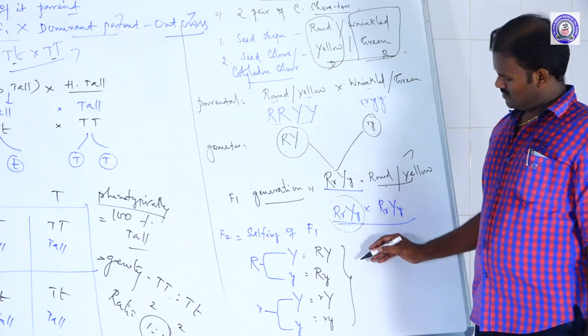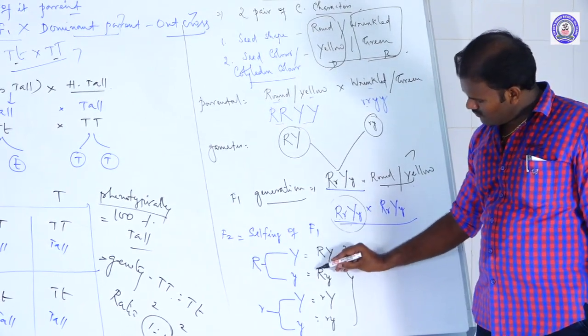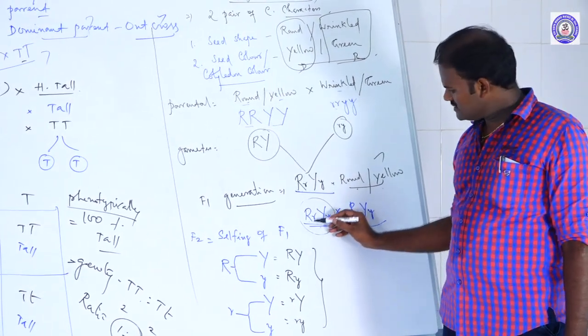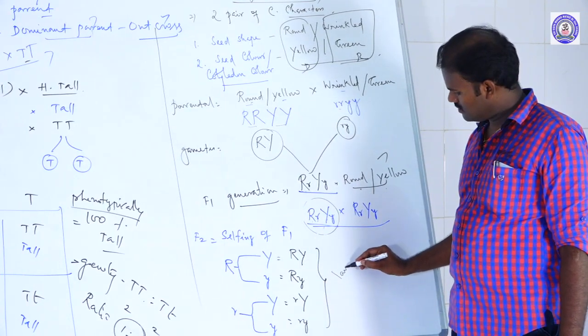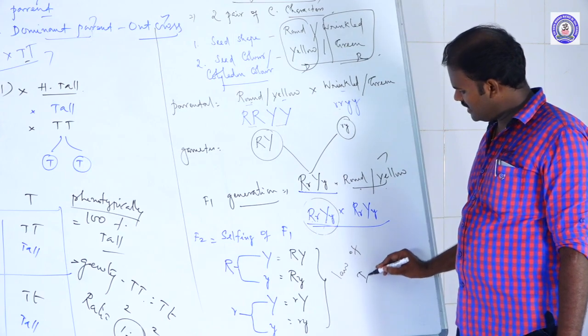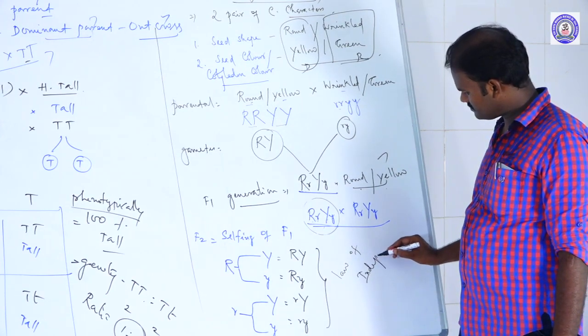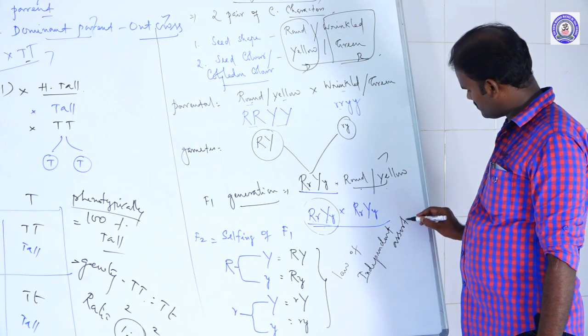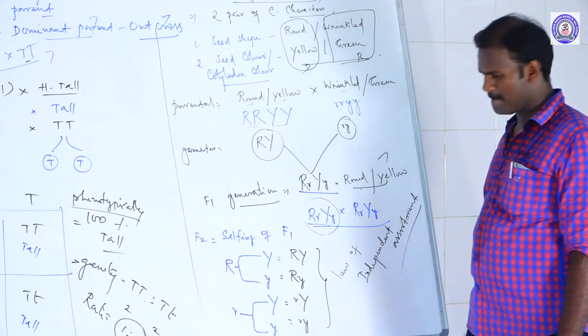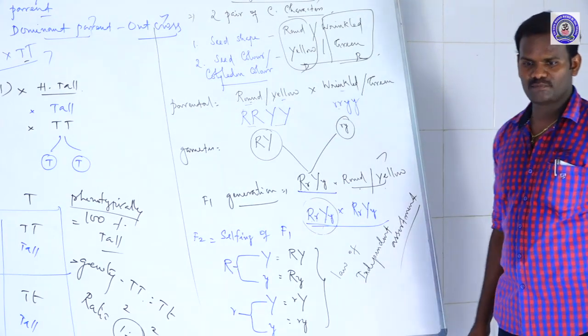Each pair of alleles gets segregated independently of the other pairs. This is called the law of independent assortment. What is the law of independent assortment?